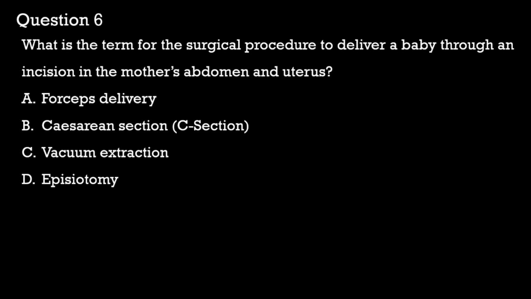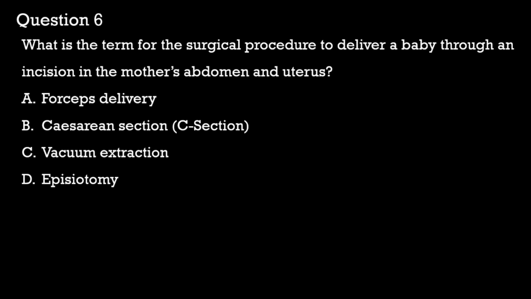Cesarean section is a surgical procedure in which the baby is delivered through an incision in the mother's abdomen or uterus. Vacuum extraction uses a suction cup to assist vaginal delivery, while episiotomy is a surgical cut made in the perineum to enlarge the vaginal opening during birth, but it is not a method of delivery.